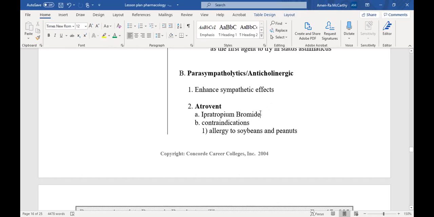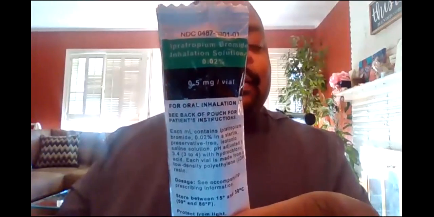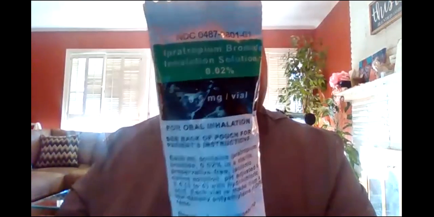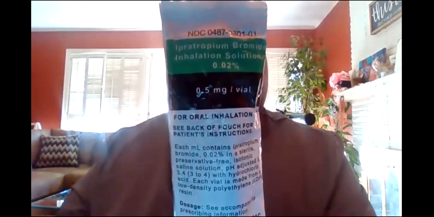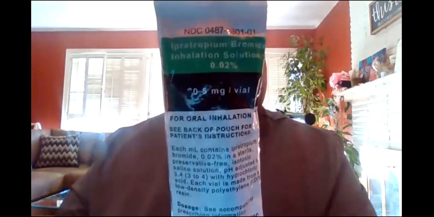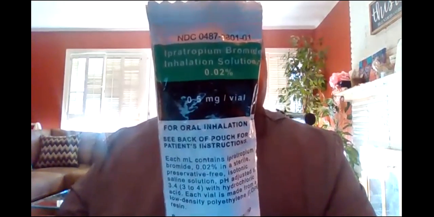It works by blocking the effects of acetylcholine. Ipratropium bromide, it's also known as Atrovent. That's this right here, all alone. This is an anticholinergic drug, okay? That will keep your lungs from constricting because of acetylcholine. So if acetylcholine is causing your constriction, we give you something to block acetylcholine, and it's an anticholinergic. Okay.